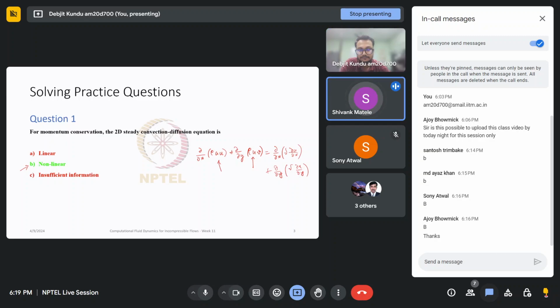For 1D, the definition is a bit different. For a first order equation, the definition of linearity, going from linearity to full non-linearity, is different, and similarly for non-linear equations when we go to higher orders like second and third order.